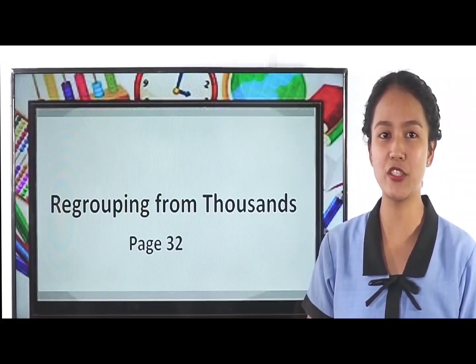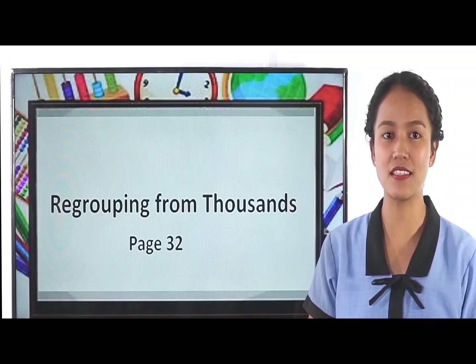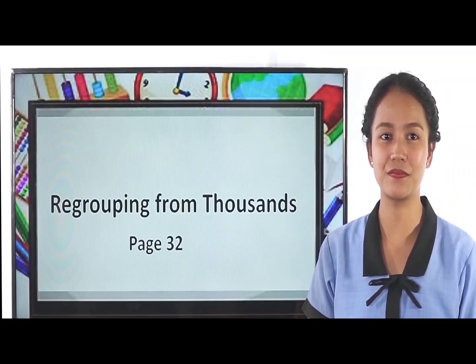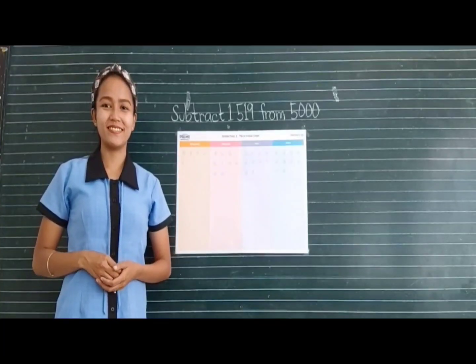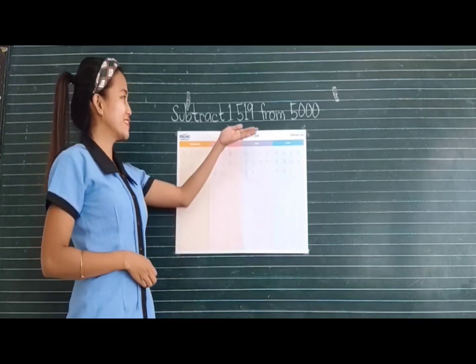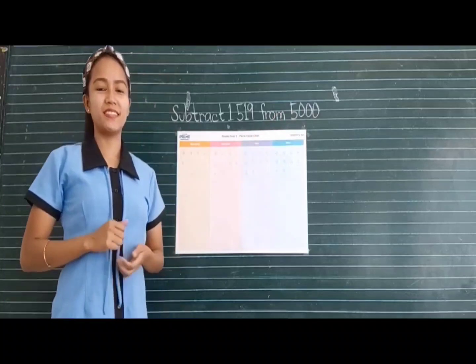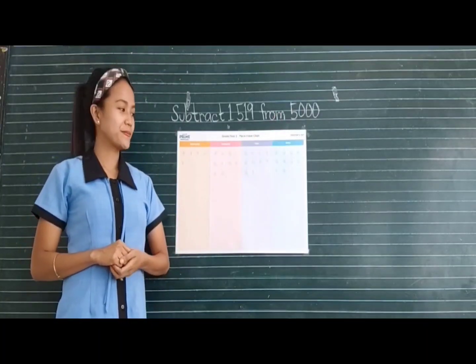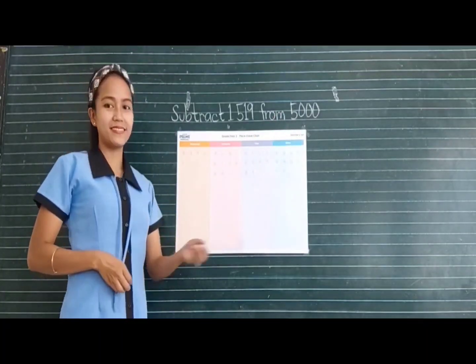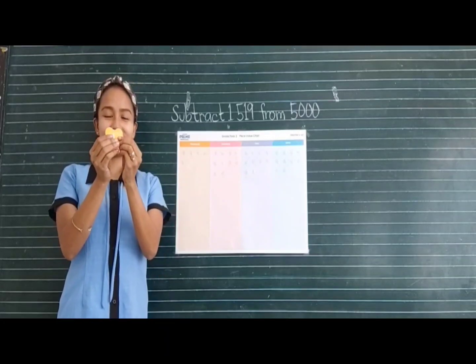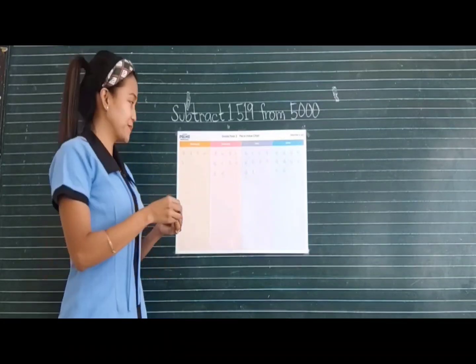Open your book to page 32 as your reference. Let us answer this example. Subtract 1,519 from 5,000. So we have here a place value table and 5 counters in the thousands column that represent 5,000.